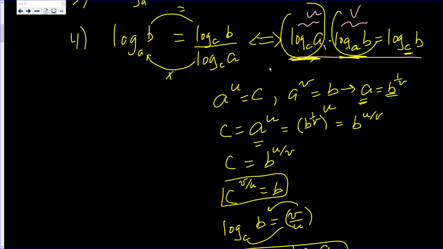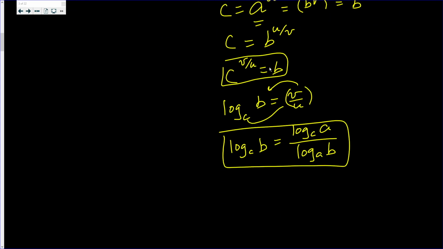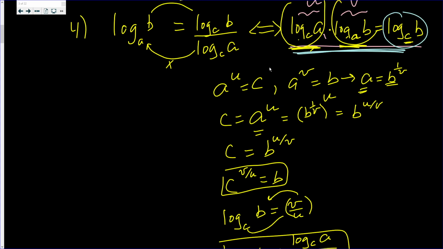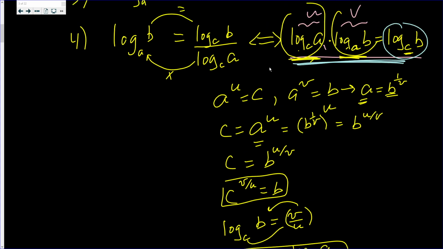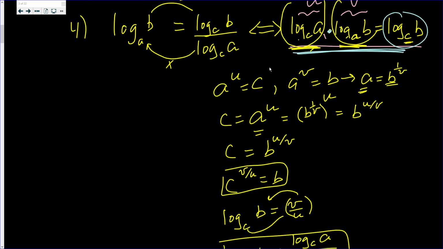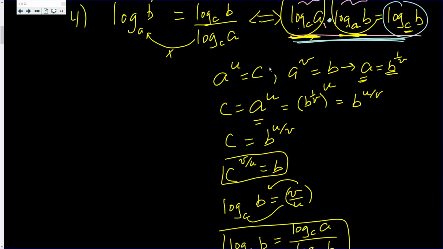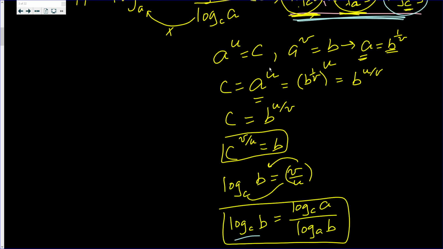Well, we said we're going to prove this, and one side should just have log base C of B. And it does. But somehow, it's not U times V. So what did I do wrong?